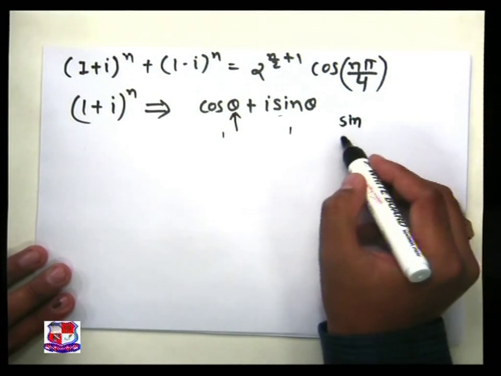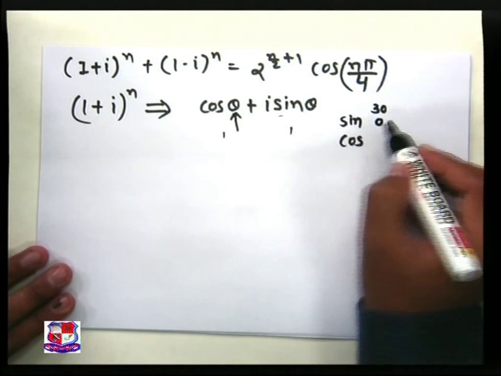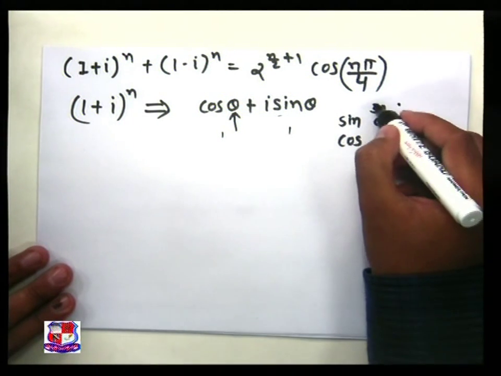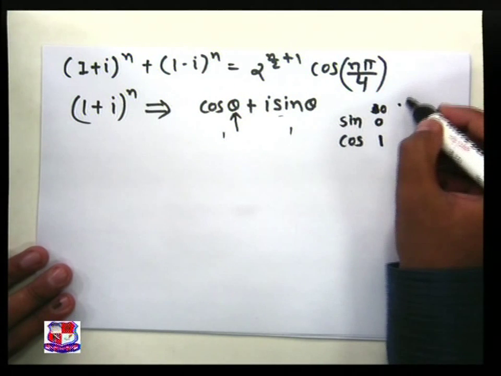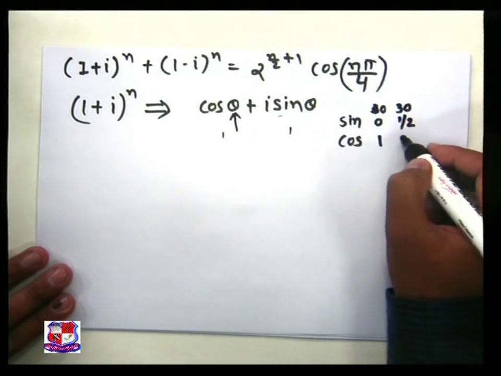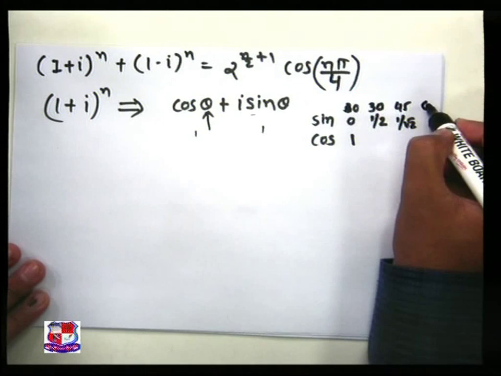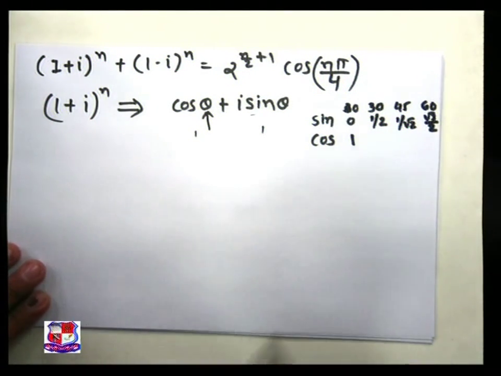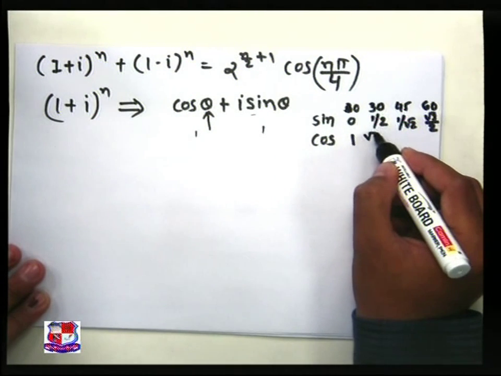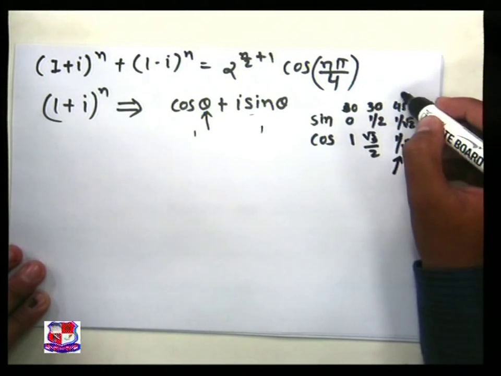So just look at which value of theta works. Here we write the basic values: sin 0 is 0, cos 0 is 1, sin 30 degrees is 1/2, sin 45 degrees is 1/√2, sin 60 degrees is √3/2. In the reverse case, cos 30 is √3/2, so we settle on the angle 45 degrees.